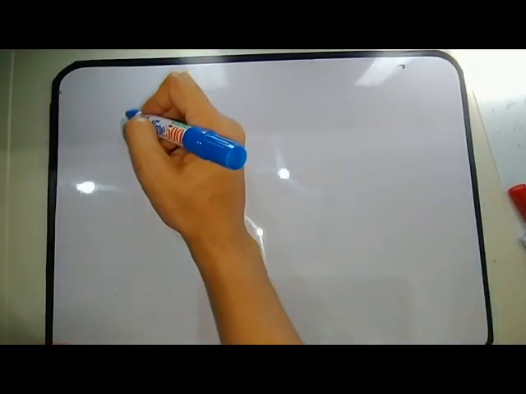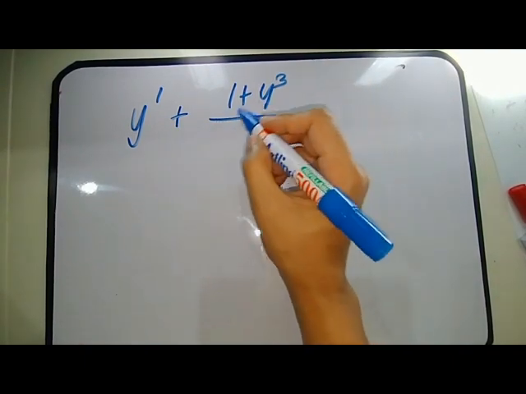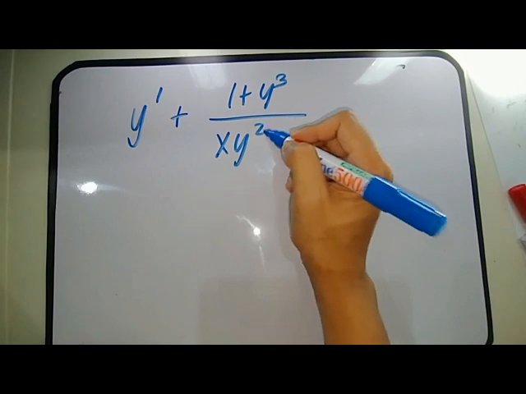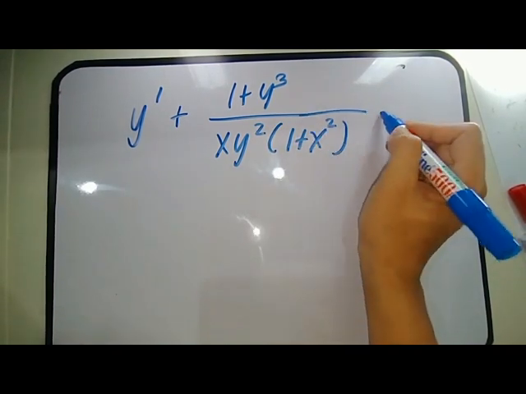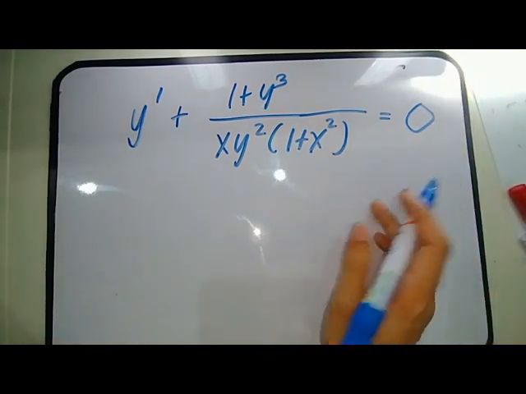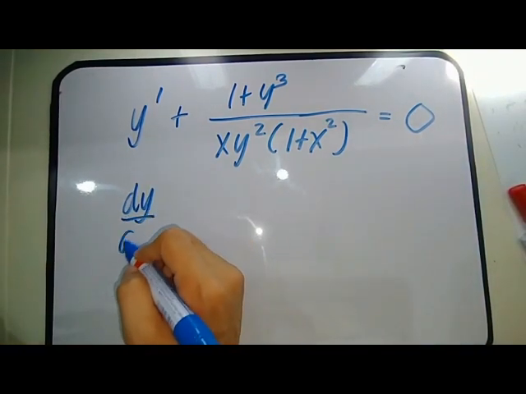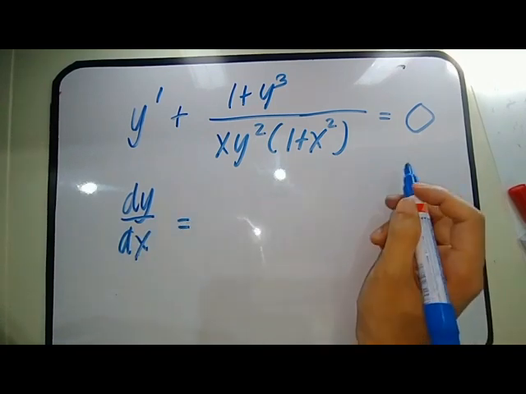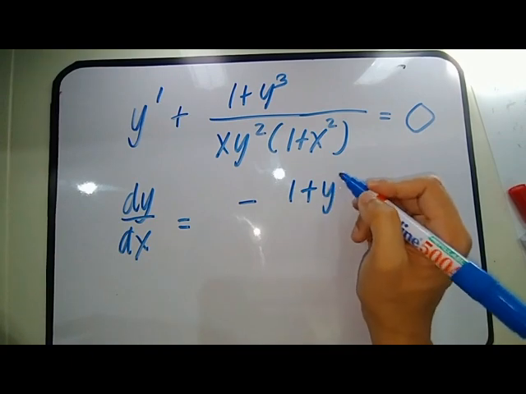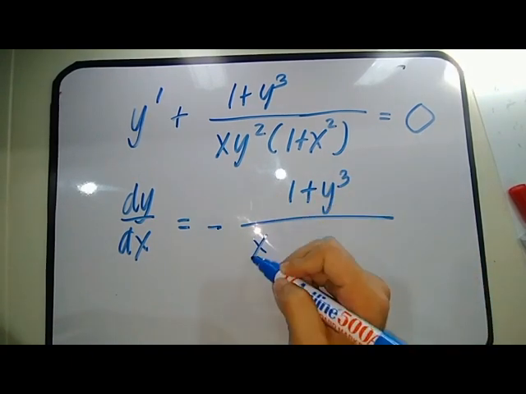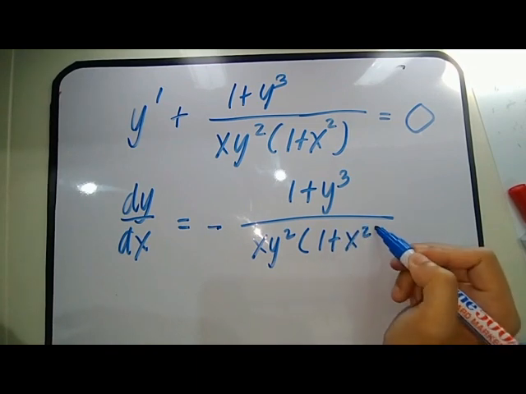We have y prime plus (1 plus y cubed) all over xy squared times the quantity (1 plus x squared) equals 0. So we separate those variables. So this is dy/dx equals negative (1 plus y cubed) all over xy squared times the quantity (1 plus x squared).